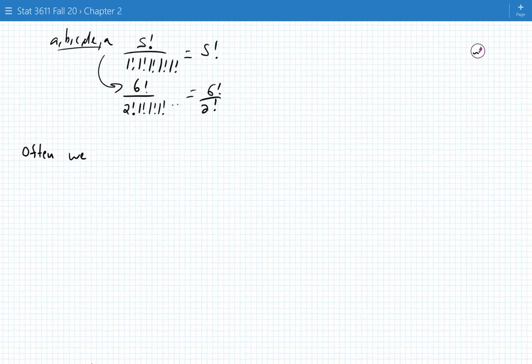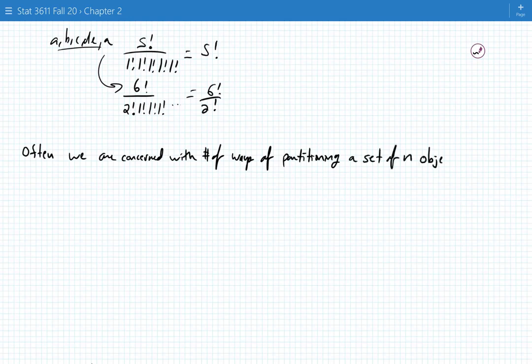So often, we are concerned with the number of ways of partitioning a set of n objects into R subsets called cells.